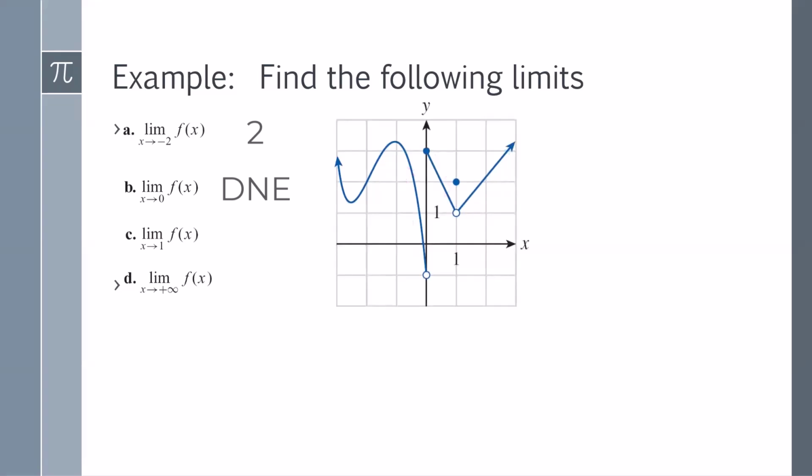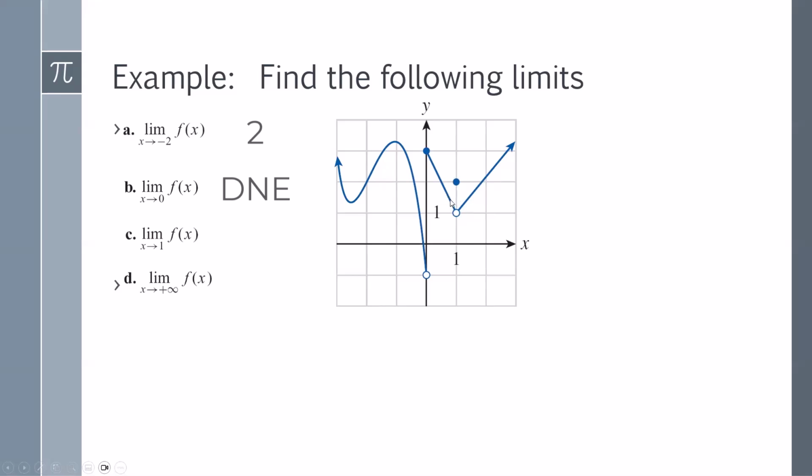Next, let's look at the limit as x approaches 1 of f of x. From the left, we come down, and it looks like we have a y value of about 1. As we come down from the right, it looks like we're heading toward y equals 1. Now again, we have a point at 1, but we're not looking at x equals 1.